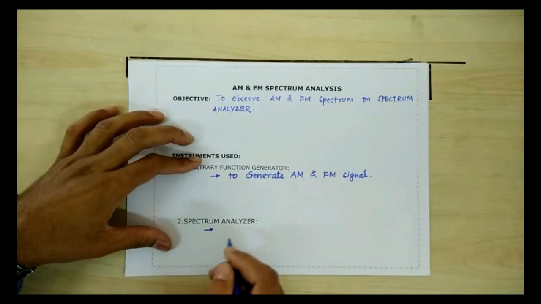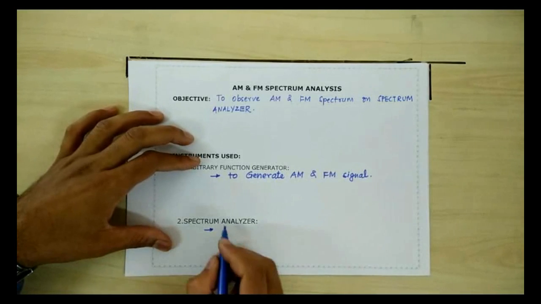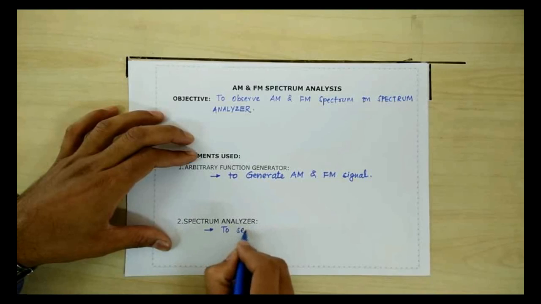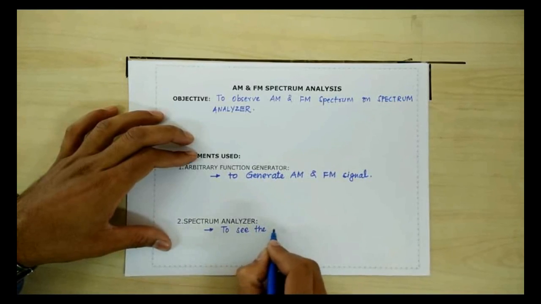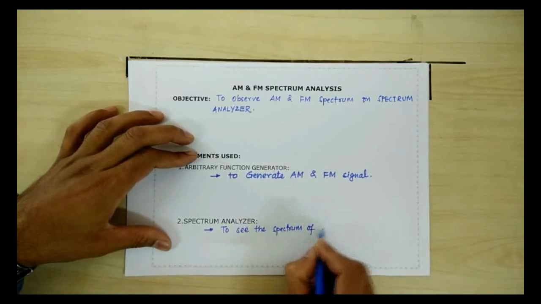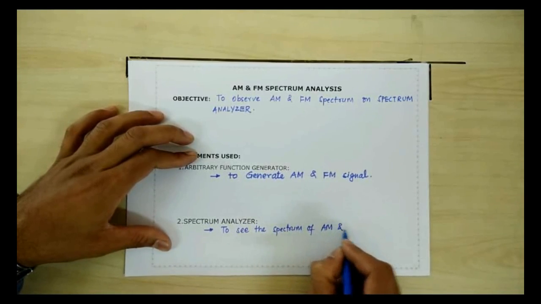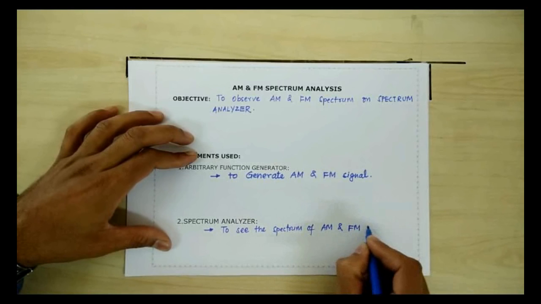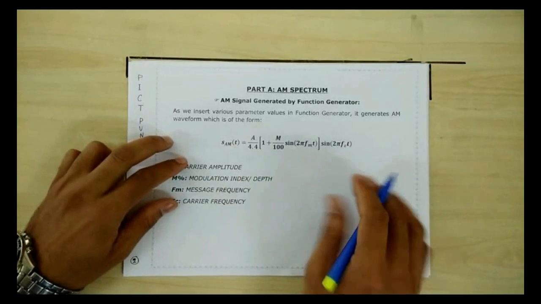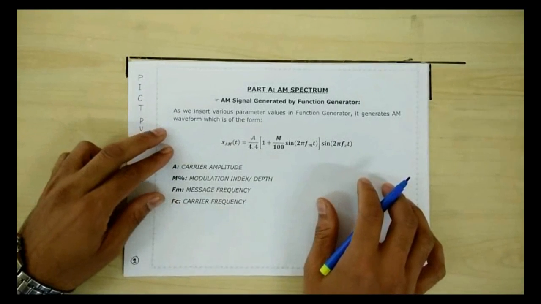To see the spectrum, we are going to use the device spectrum analyzer. This is to see the spectrum of AM and FM signal. Okay, so we divide the experiment into two parts.